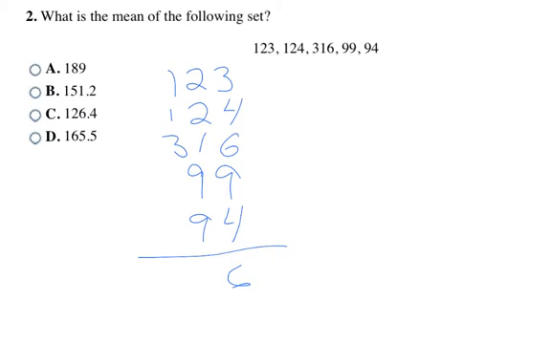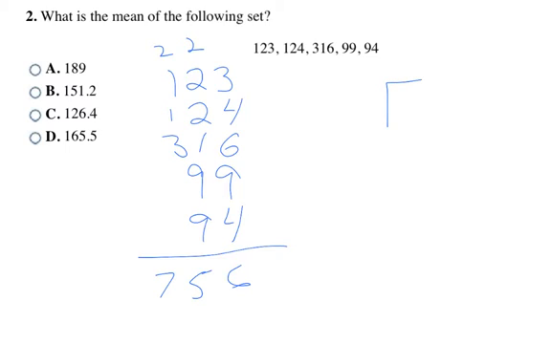So write down the 6, carry the 2. 9 plus 9 is 18, plus 1 is 19, plus 2 is 21, plus 2 is 23, plus 2 is 25. Write down the 5, carry the 2. Then 3 plus 1 is 4, plus 1 is 5, plus 2 is 7. So the sum of those numbers is 756.